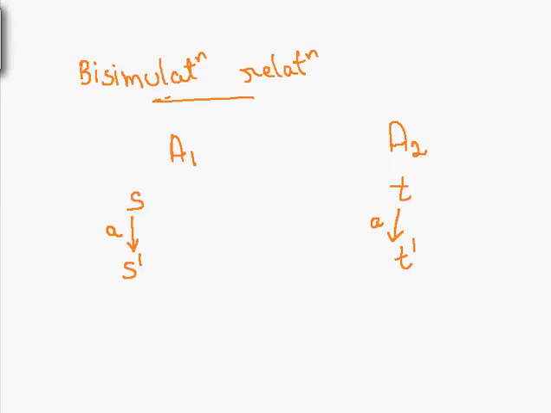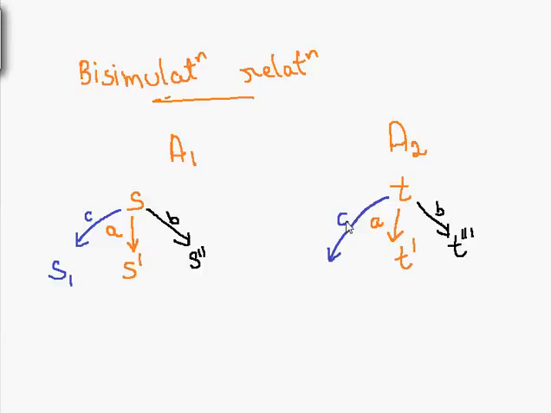If there is an action B from S to S double dash, then I should have a B from T to some other state. It may be like T triple dash. If from some state S1 I have a C, then there should be a transition with action C from T to some other state like T1.